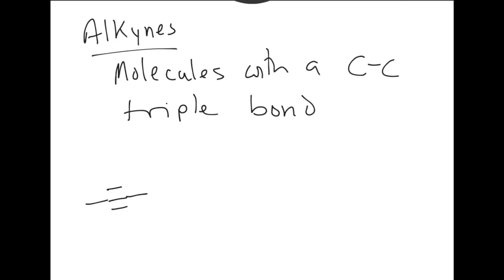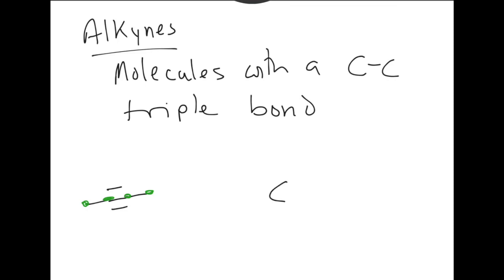One of the things that people have the most trouble with is counting the carbons in an alkyne. So this molecule here has 1, 2, 3, 4 carbons. People always seem to lose the 2 carbons that are on the triple bond. So this has 4 carbons.